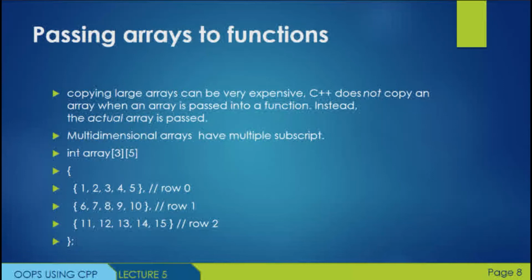Because the parameter is a copy, changing the value of the parameter does not change the value of the original argument. However, because copying large arrays can be very expensive, C++ does not copy an array when it is passed into a function. Instead, the actual array is passed. This has a side effect of allowing functions to directly change the value of array elements.